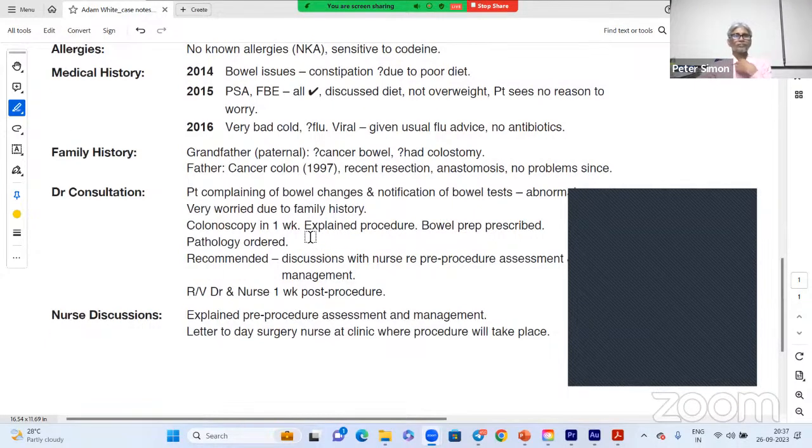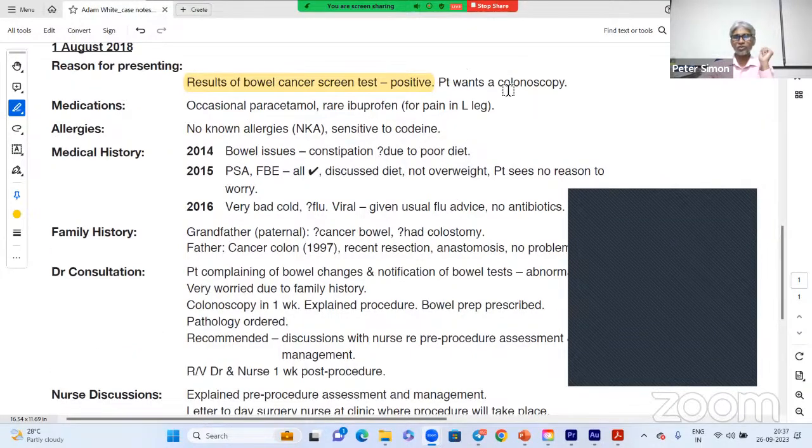So colonoscopy in 1 week. Yes. Patient wants a colonoscopy, okay. The complaints are bowel cancer screen test positive.